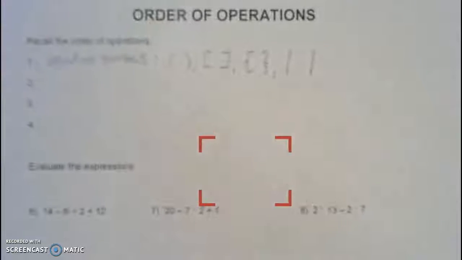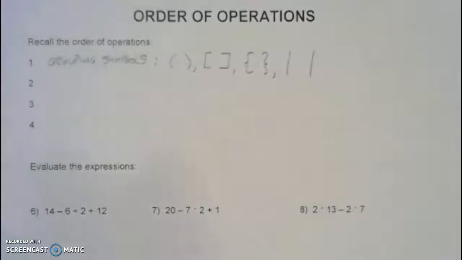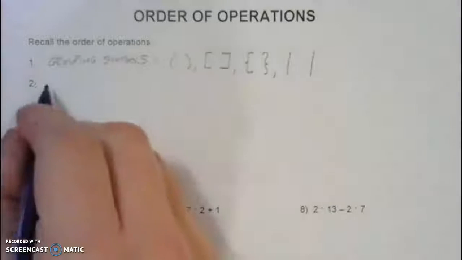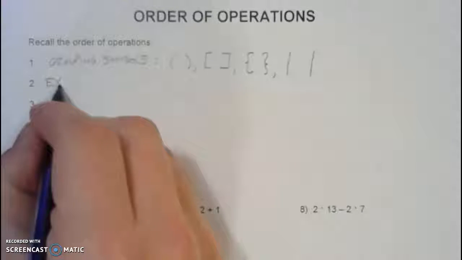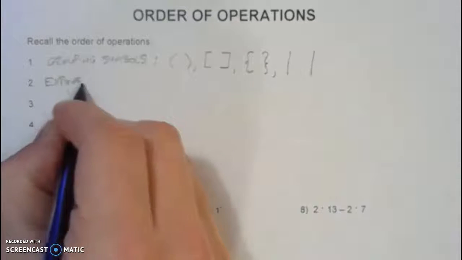They might be braces, which are those squiggly lines that we can draw like that. And it might even be absolute value bars. If you have any operations inside of these grouping symbols, you need to do those operations first. So look for grouping symbols first. After we take care of anything inside of grouping symbols, then we evaluate any exponents.